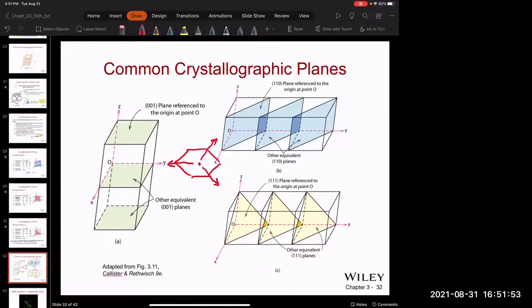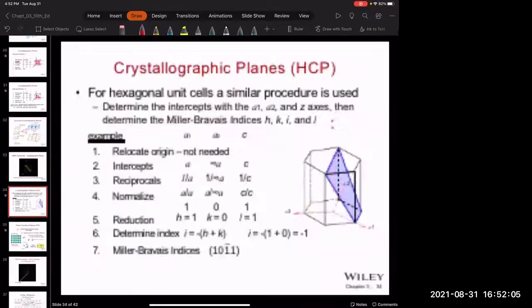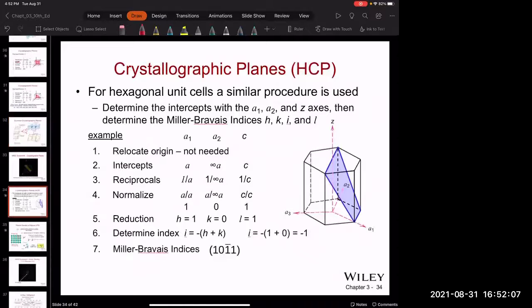So in that case, we have 4 different directions instead of 3. That's why you're going to see 4 numbers instead of 3 numbers. So that is the case for this crystal structure HCP. And that's why you are going to see these 4 numbers at the very bottom.